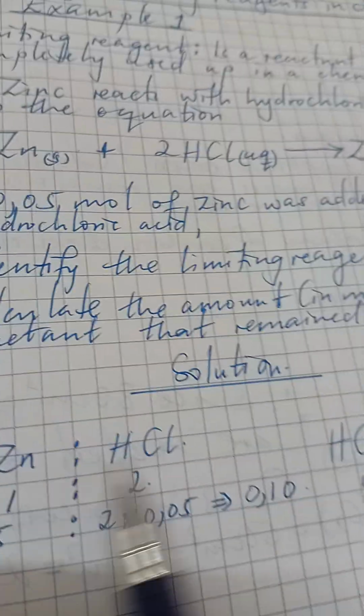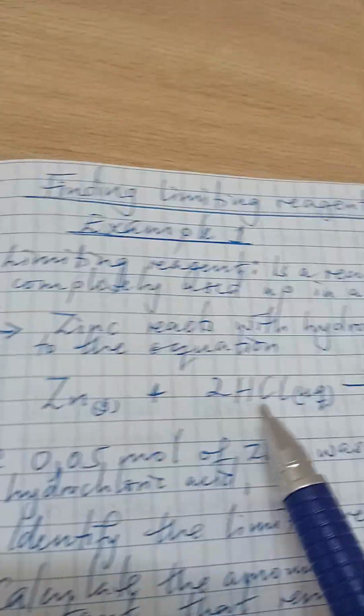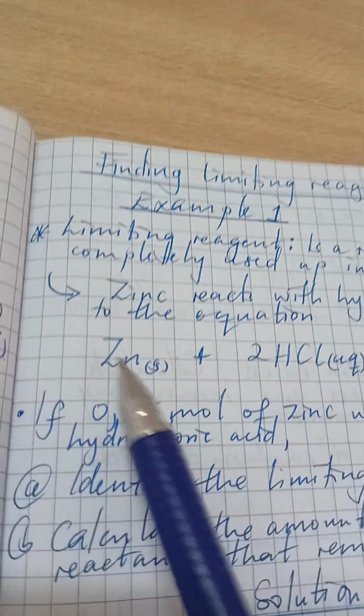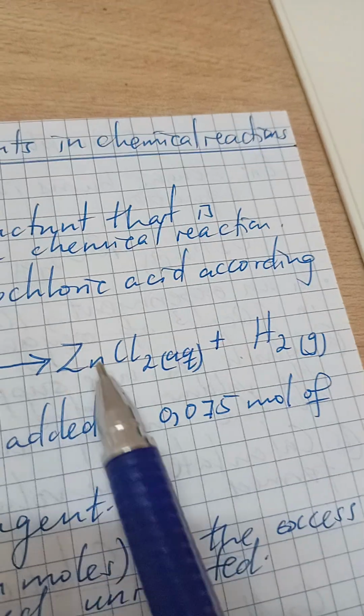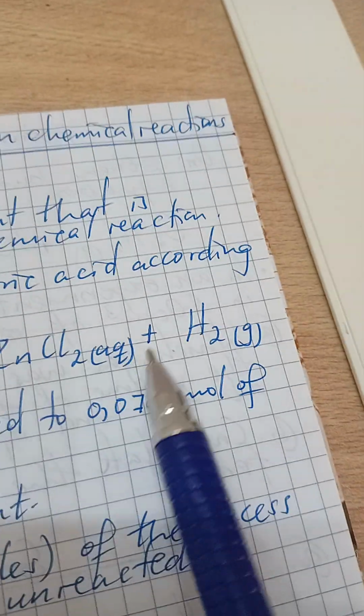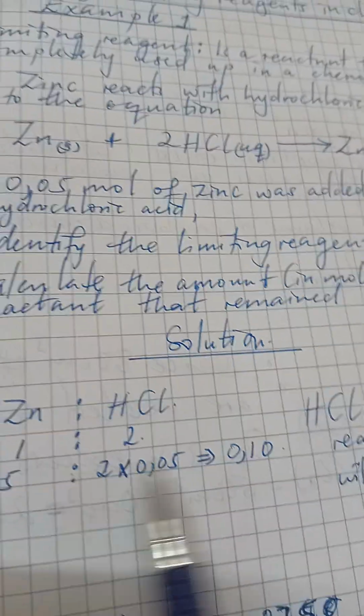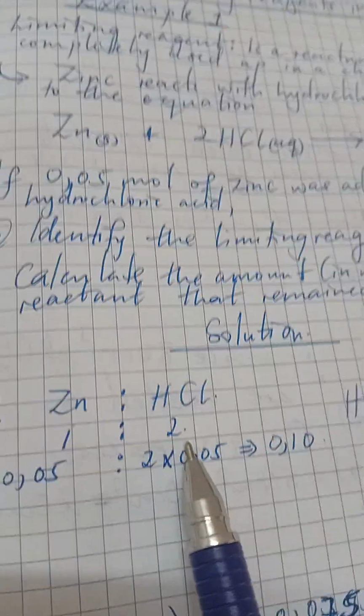So comparing zinc and the hydrochloric acid in the equation, they are reacting 1:2, meaning to say when 1 mole of zinc is added, there must be 2 moles of hydrochloric acid to give rise to 1 mole of zinc chloride and also 1 mole of hydrogen gas. So that's the stoichiometric ratios there.